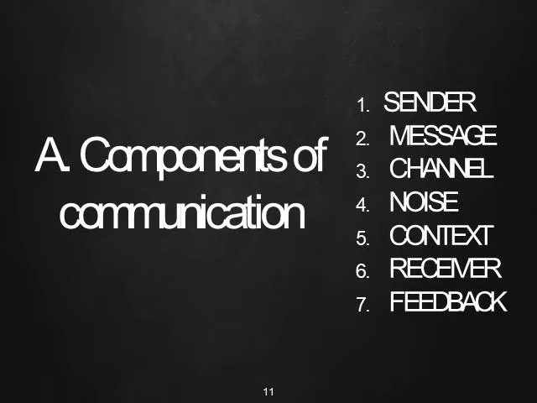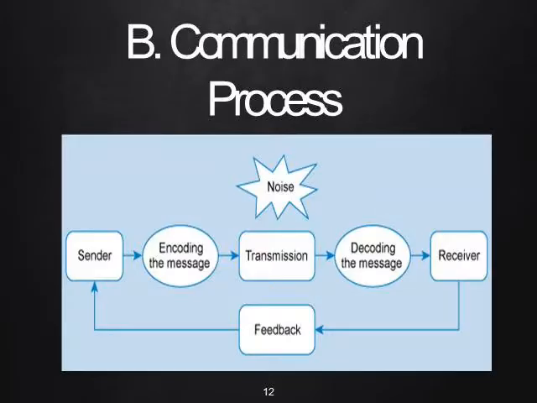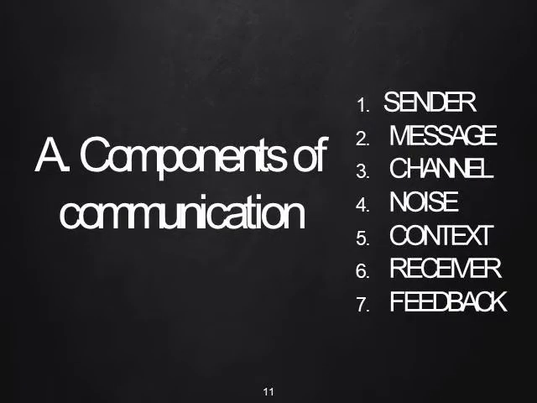Though this has been discussed already during your senior high school, this will serve as an overview only. Right? So let's begin with component number 1, which is the sender.